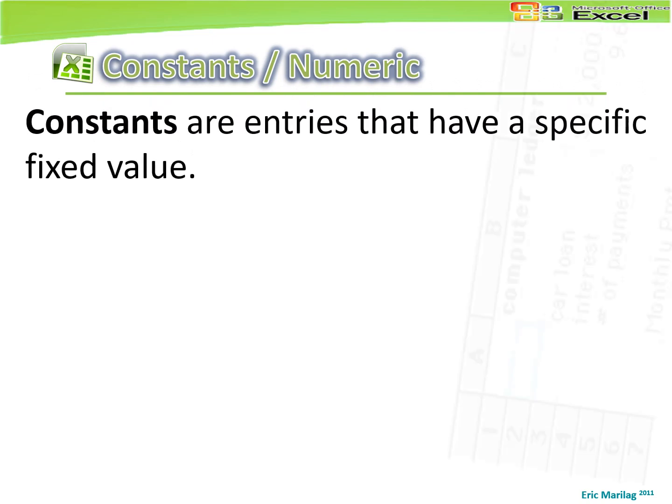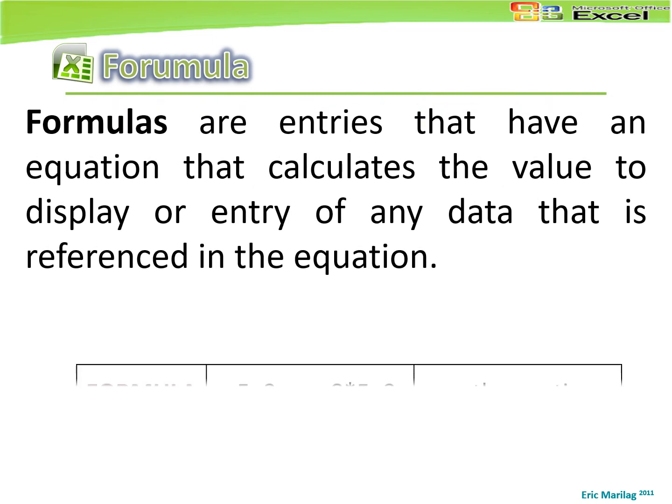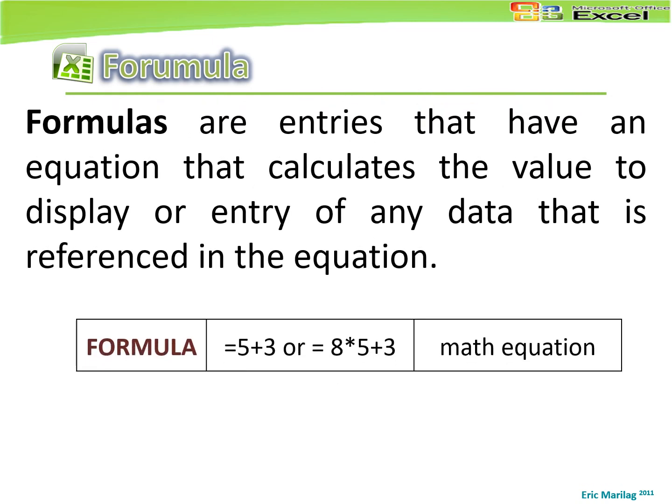And we have the constant. These are specific fixed values, numbers. So here is an example of a constant value in this example. And we have the formulas. For this example, we have this math equation.